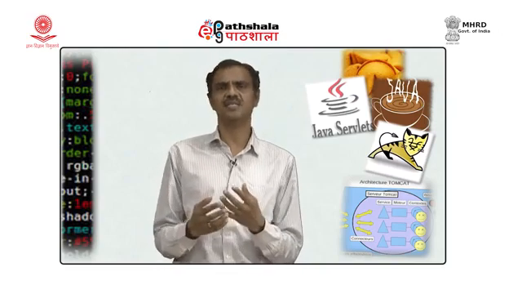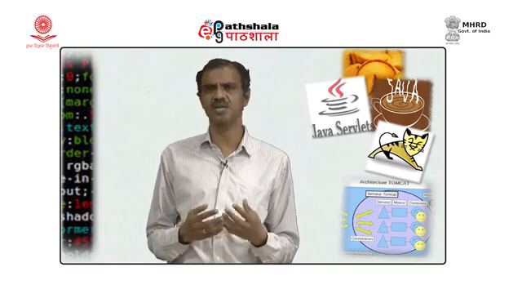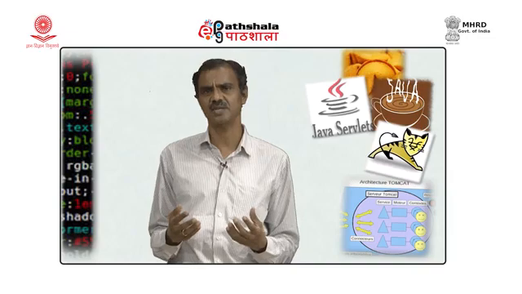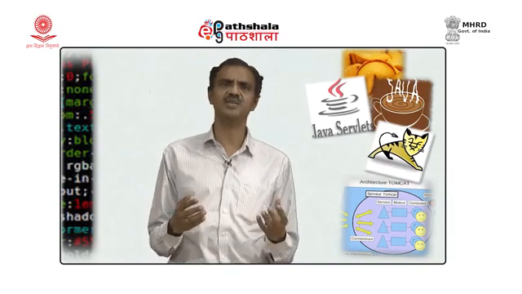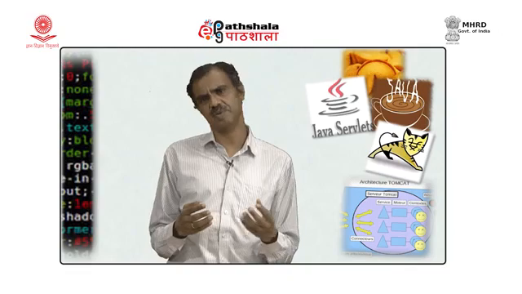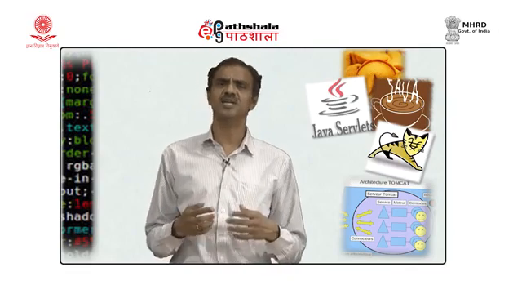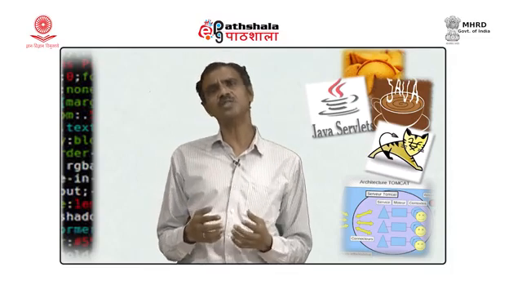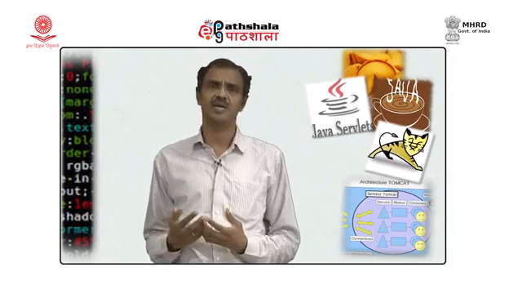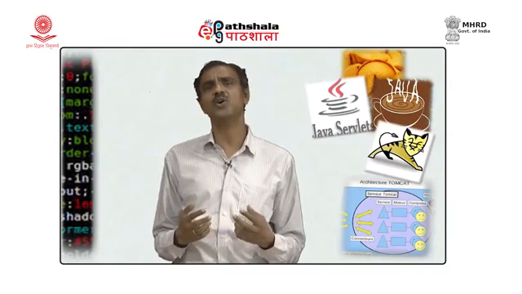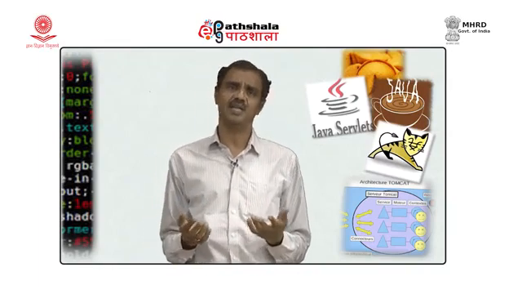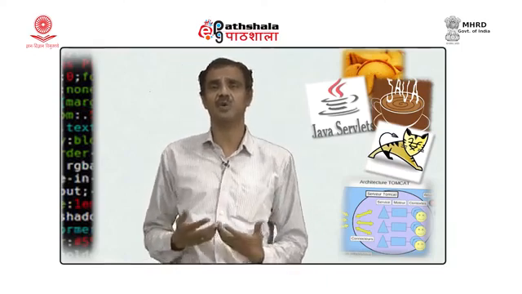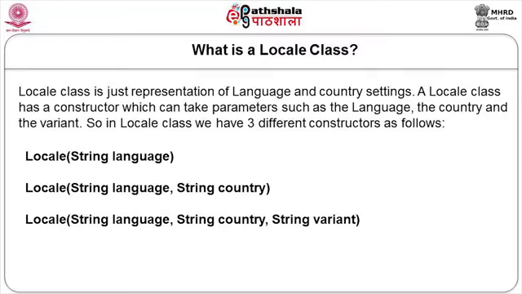If the user has a certain preference, then according to the user's preference it can make changes in its behavior. It uses different sets of texts and maybe different other kinds of objects which are sensitive to the locale. And we will also see how simple it would be to add support for new locales. That is where localization comes in. Localization is about just building that support for another locale. So, let us see this.